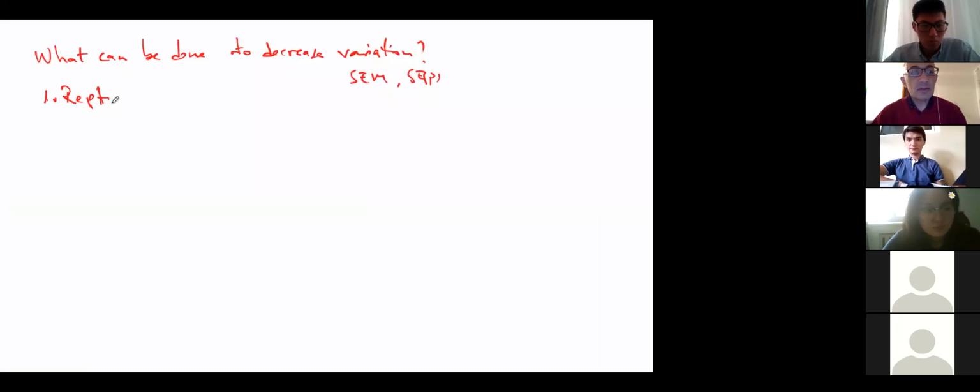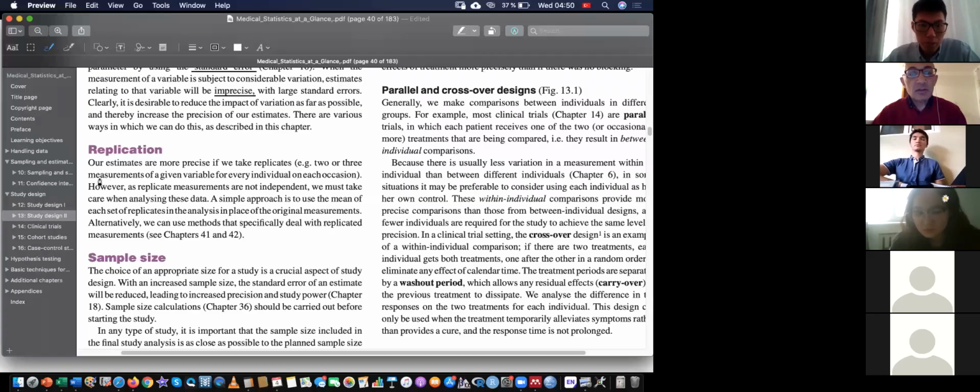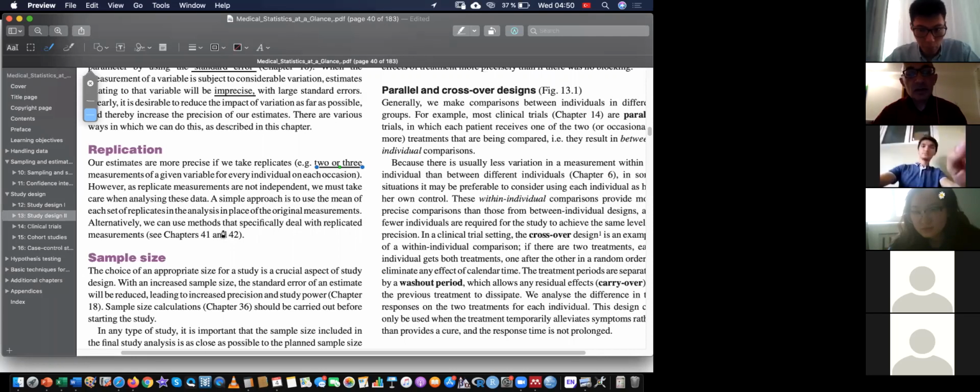What is replication? Instead of making only one measurement from one person, you may replicate the measurements and make more than one measurement in the same person. And then you can take the mean; mostly they do 2 or 3 measurements, and then take the mean of these measurements.